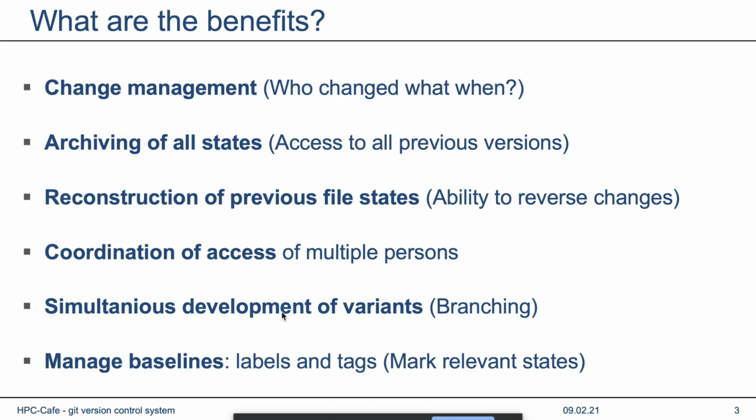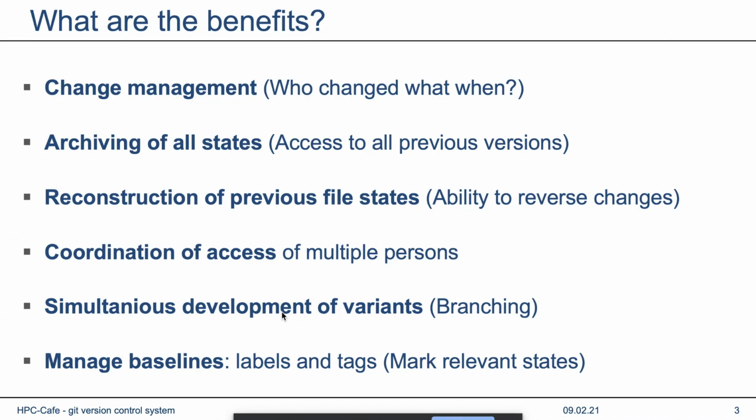Next, coordination of access of multiple persons. When a lot of people develop on the same project, you need some kind of synchronization and management of changes. Simultaneous development of variants, also called branching. So you want to simultaneously develop or follow different tracks on a software project. And finally, manage baselines.